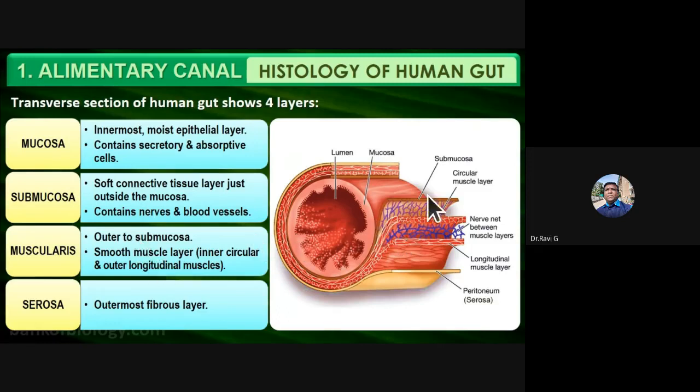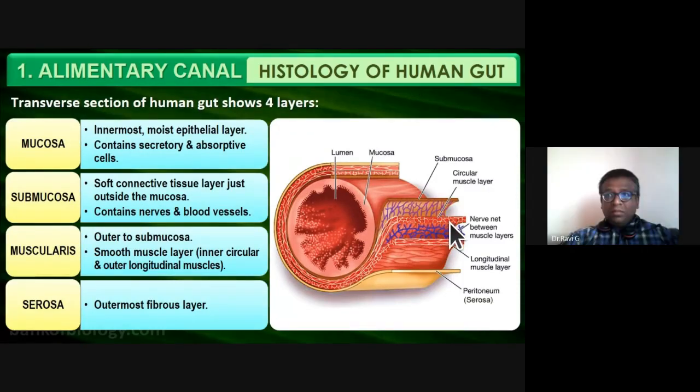The muscularis layer consists of smooth muscle: the inner circular smooth muscle layer, and the outer longitudinal muscle layer.